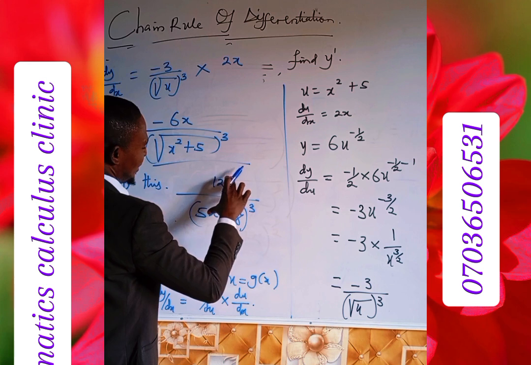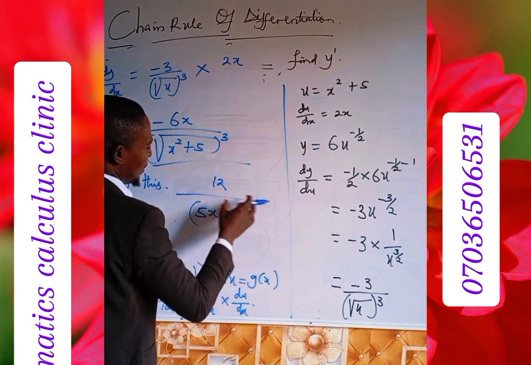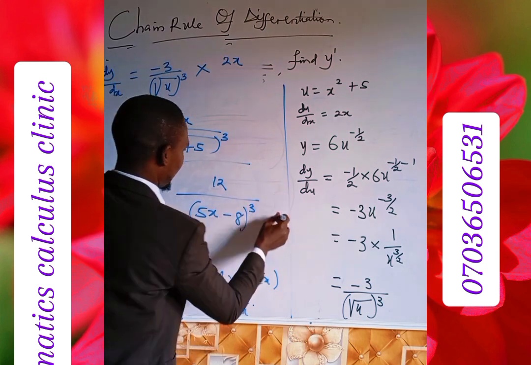Differentiate this, 12 divided by open bracket 5x minus 8, everything raised to power 3, with respect to x. Thank you.